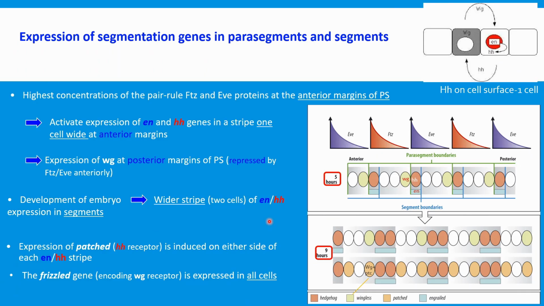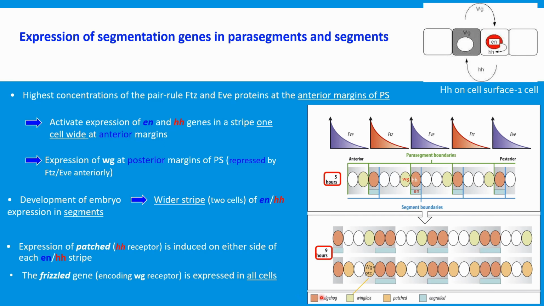So now we come to this slide, which is to help us understand the transition from parasegments to segments by looking at the expression of the segmentation genes in the parasegments and segments. We'll just go through this part of the figure first. Let's have a look at the color code for players in this diagram.